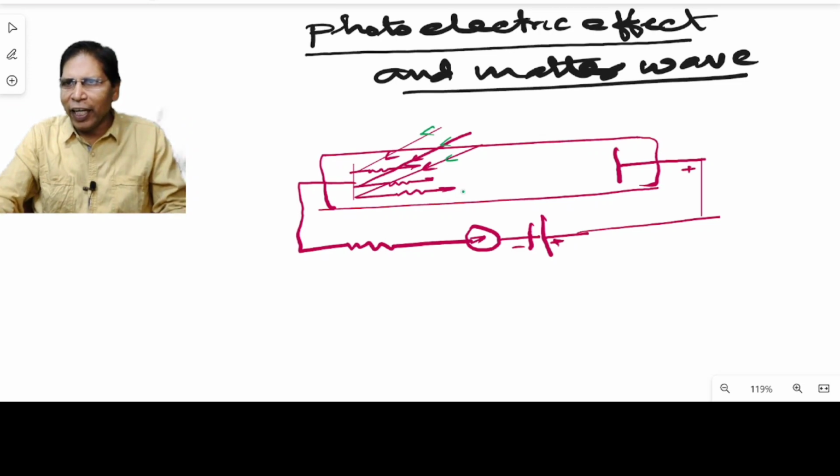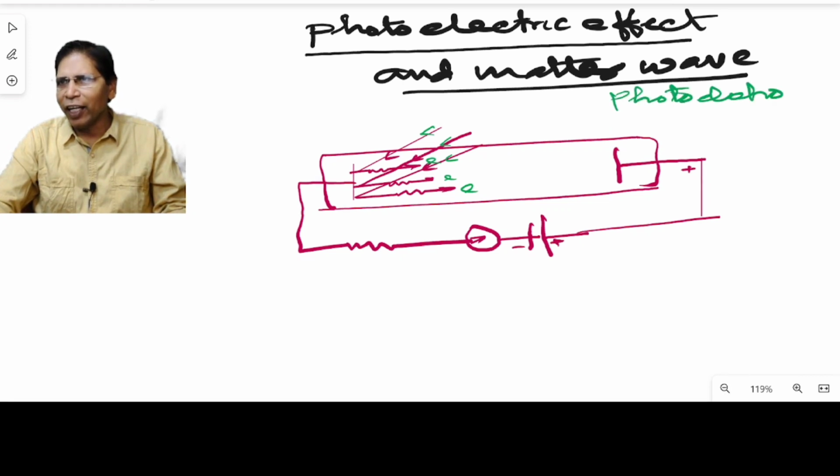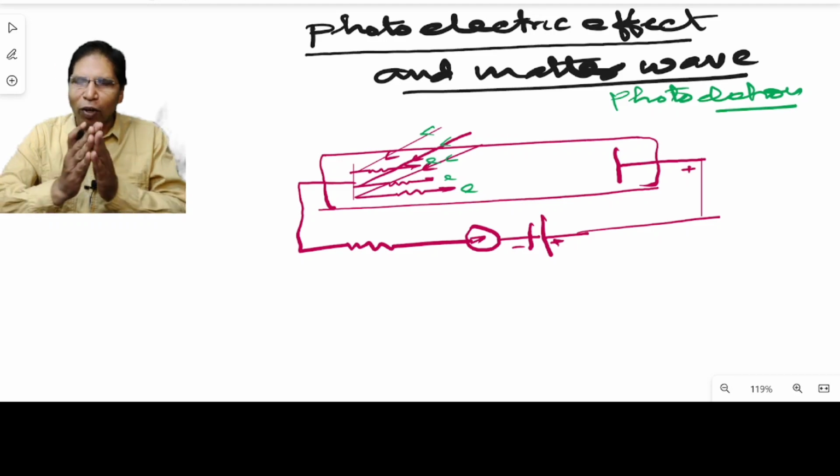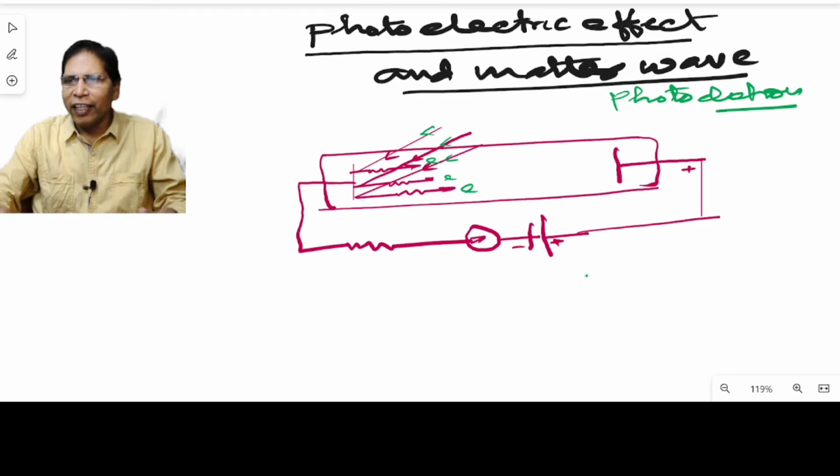The emitted electron is called a photoelectron, and the corresponding current is called photocurrent. The amount of photocurrent is directly proportional to the rate of emission of photoelectrons per second.